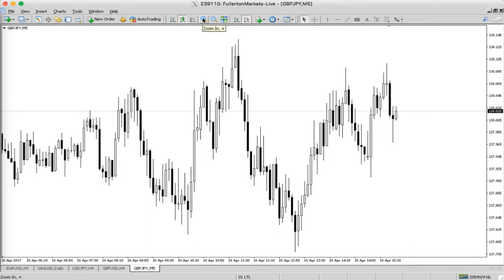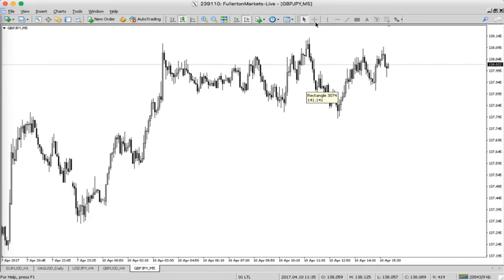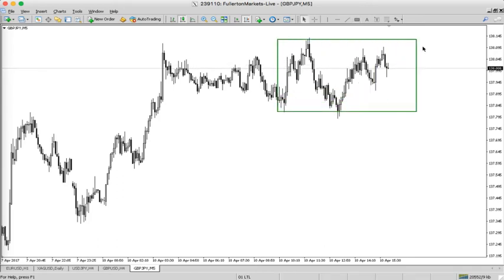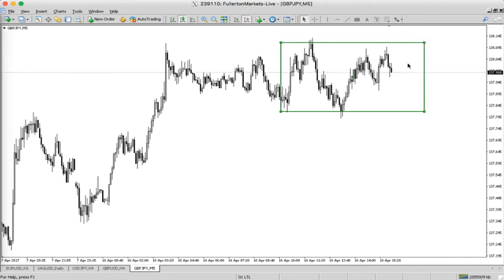Just give me a few seconds to take a look at the chart. Interestingly, the consolidation area is getting bigger and bigger. For this 5 minute chart, if you ask me, I don't have entry criteria.